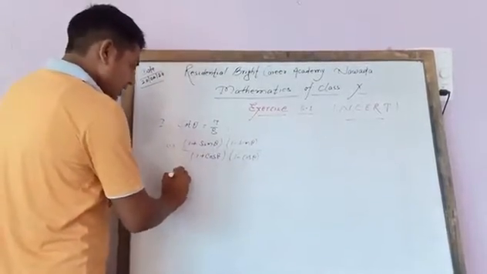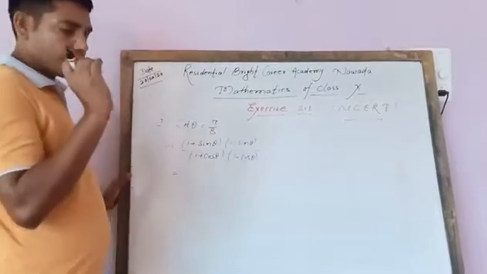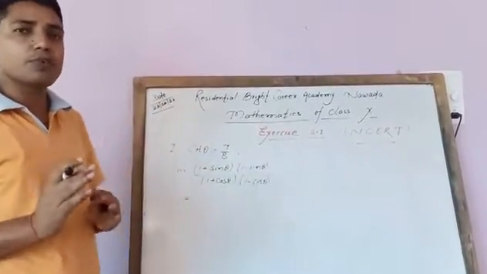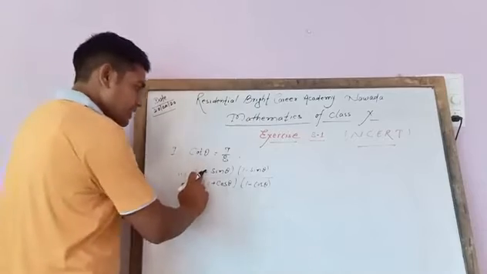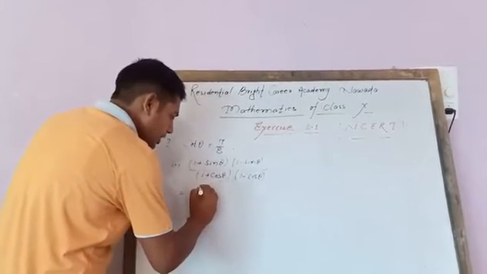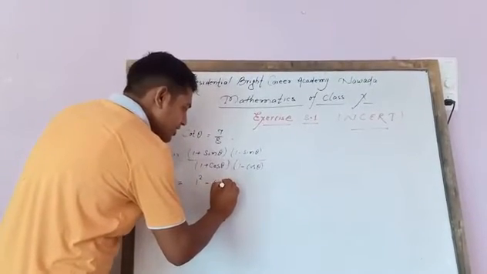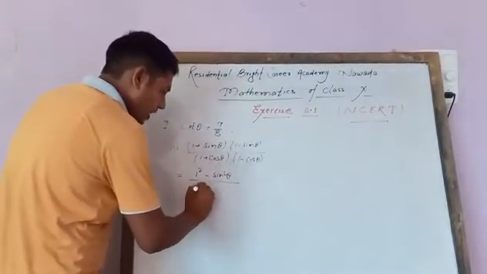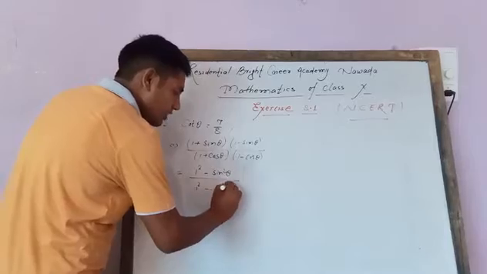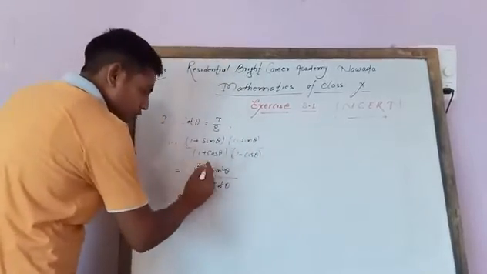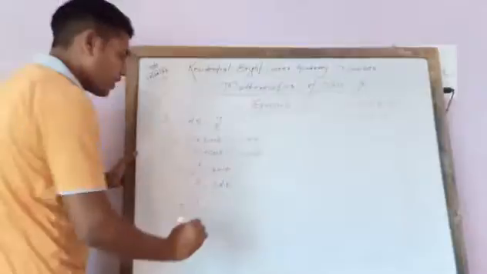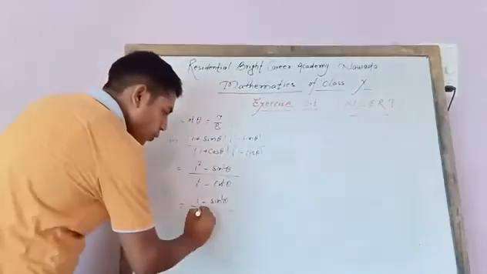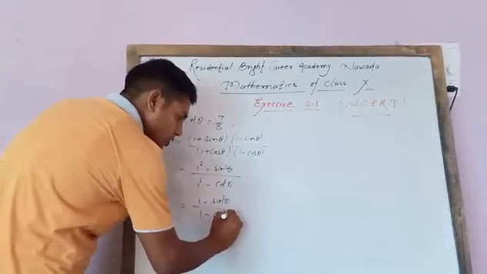We can write here, if we know the formula (a plus b) into (a minus b) is equal to a square minus b square, it means it will become 1 squared minus sin square theta and 1 squared minus cos square theta. Here we can write 1 squared as only 1, so 1 minus sin square theta and 1 minus cos square theta.